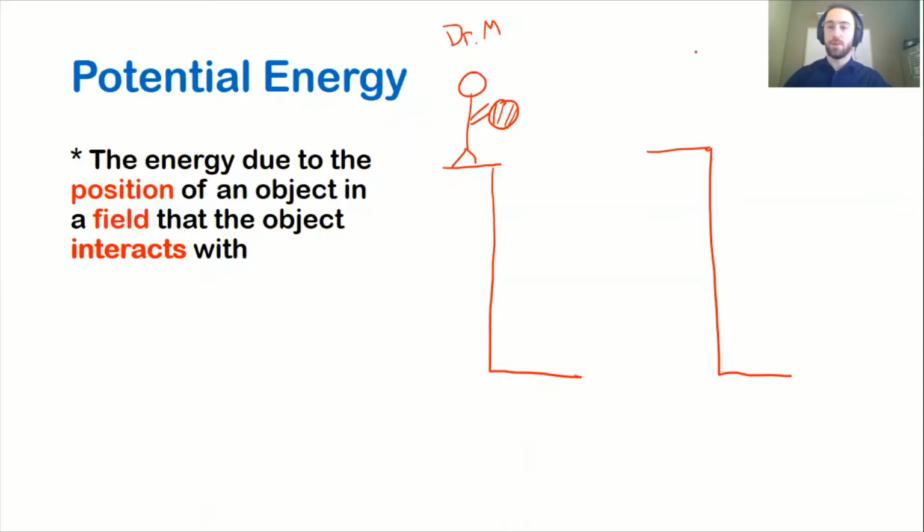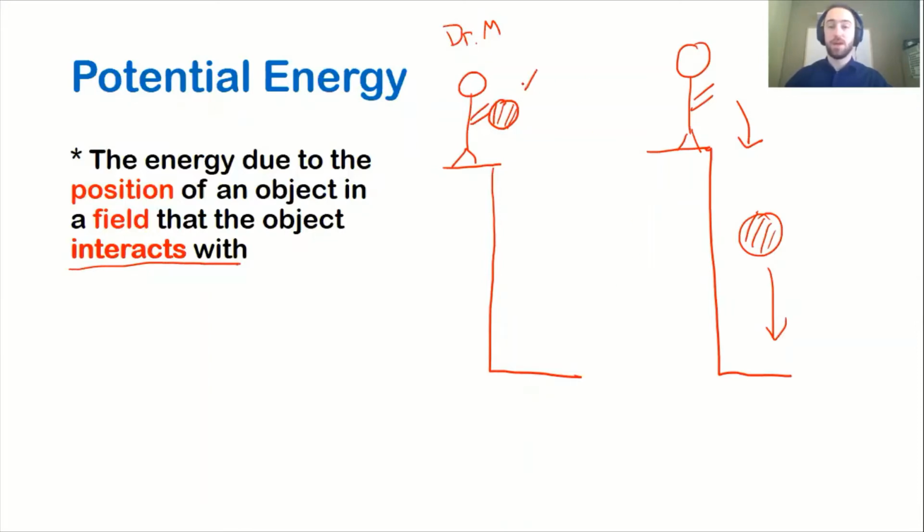As I drop the ball down the hill, the object is then interacting with the field.